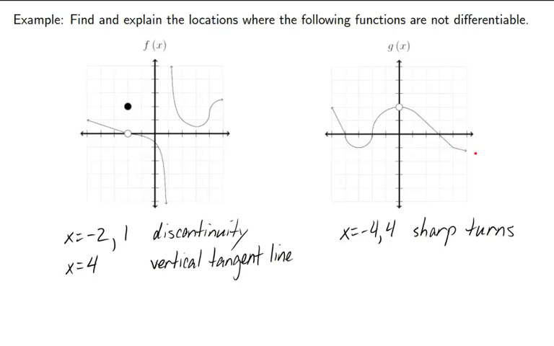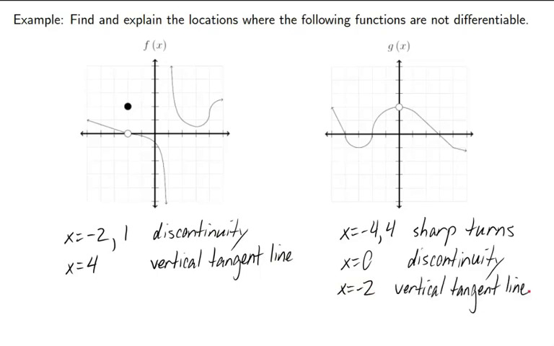From the right, it looks like the slope is maybe negative 1/4. Because of that, those two slopes are different. Well, which do I pick for the derivative at 4? We can't. Let's see what else is going on here. There's a discontinuity at 0. So that's another one. And then finally, I see another vertical tangent line at x equals negative 2.